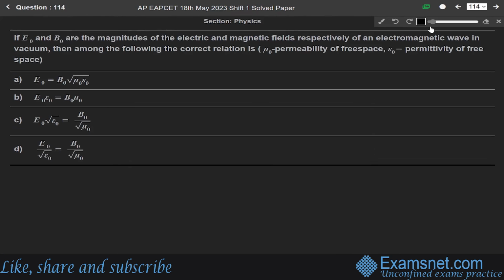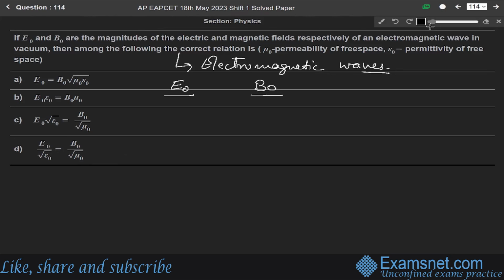Now next question 114. If E naught, B naught are the magnitudes of electric and magnetic field respectively of an electromagnetic wave in vacuum, then among the following the correct relation is? So this question is from the chapter of electromagnetic waves. Now electric field magnitude is given as E naught, magnetic field magnitude is given as B naught.